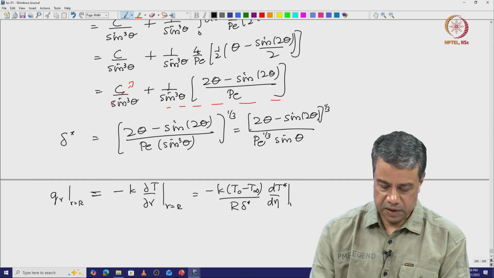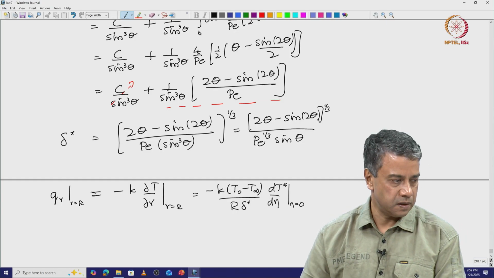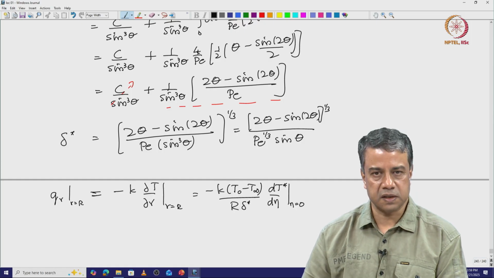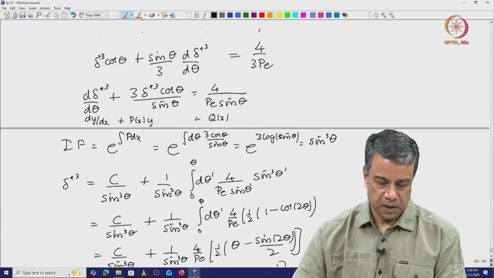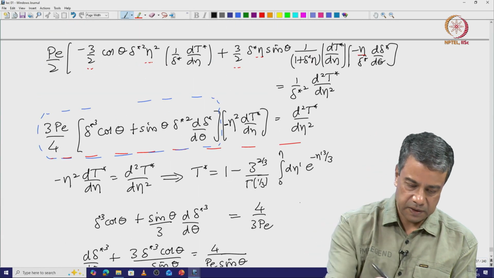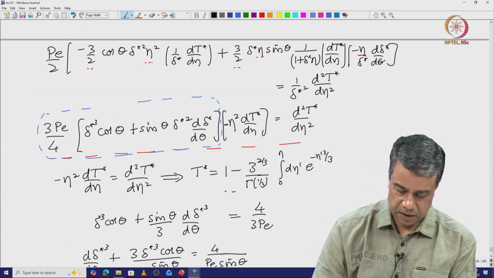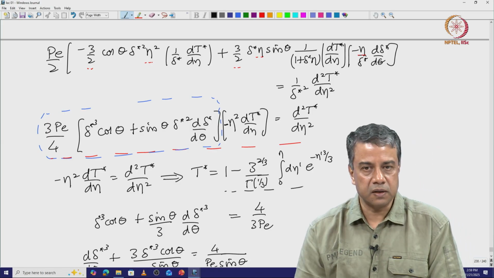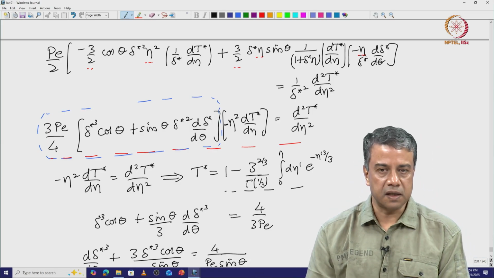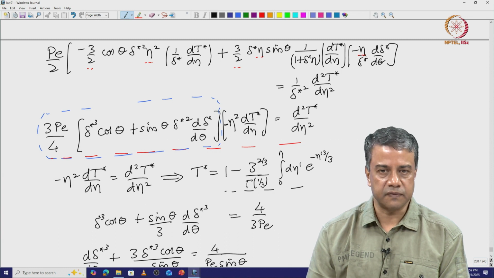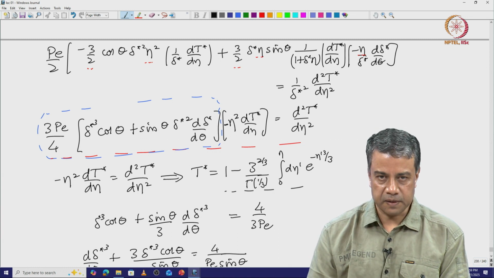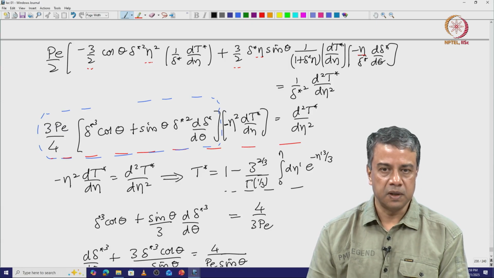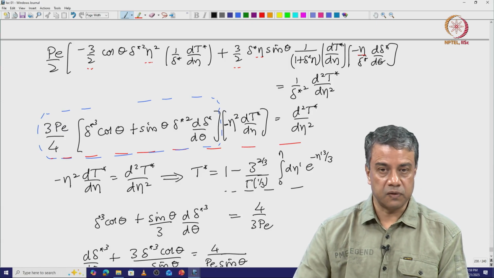Surface of the sphere is eta equal to 0, that is, r star is 1 or eta equal to 0. And that dT star by d eta we have already calculated using this expression here. You recall that the solution is identical for T star in terms of eta for all the problems that we have done so far: flow past a flat plate, stagnation point flow, pipe flow, and this flow past a sphere.